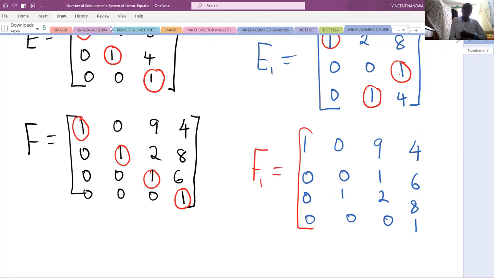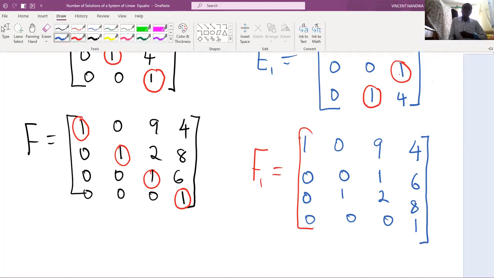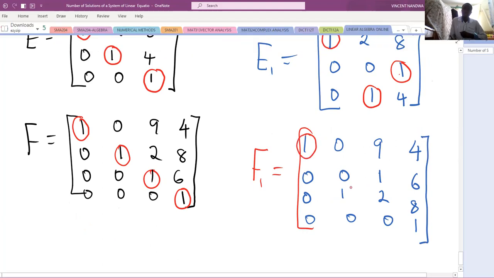This matrix is not in row echelon form because, considering this as the leading one, this the leading one, this the leading one, and this the leading one, the second and the third row make this one not be in row echelon form, because the leading one of the second is to the right of the leading one of the third.